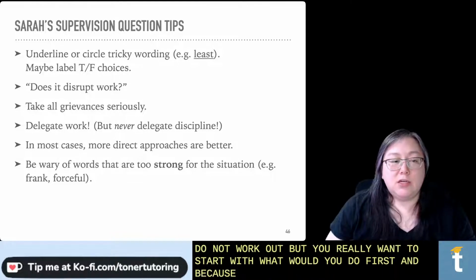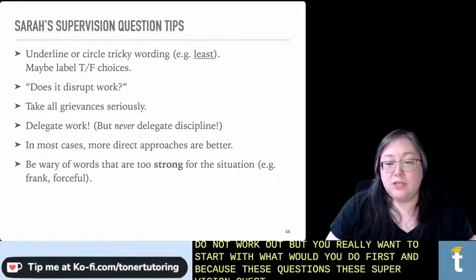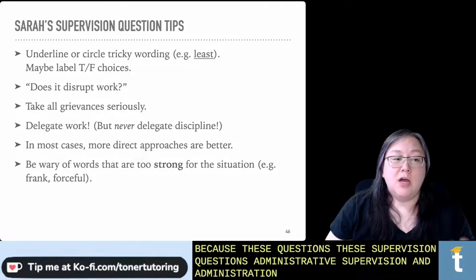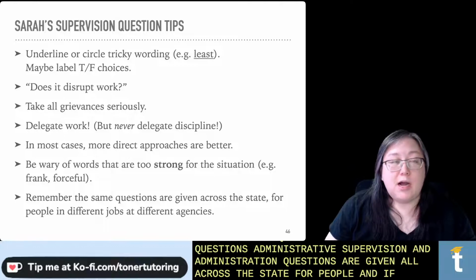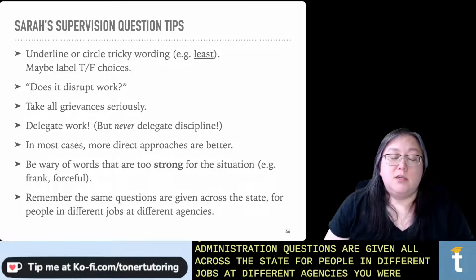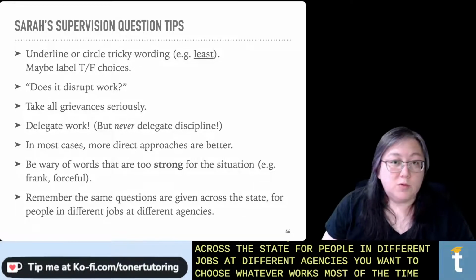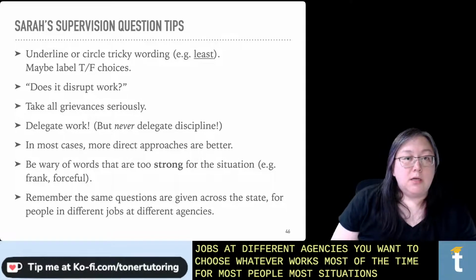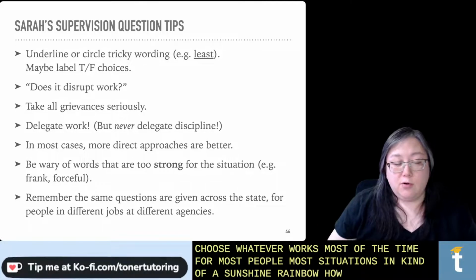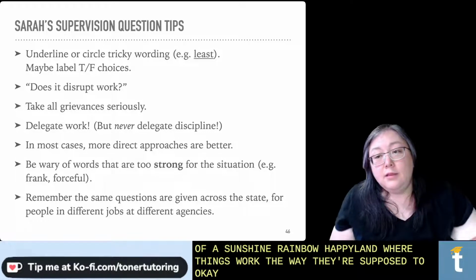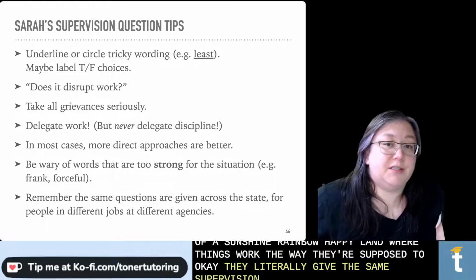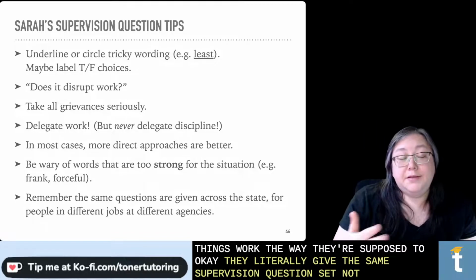And because these supervision questions, administrative supervision and administration questions, are given all across the state for people in different jobs at different agencies, you want to choose whatever works most of the time for most people, in most situations, in kind of a sunshine, rainbow, happy land where things work the way they're supposed to. Okay? They literally give the same supervision question set, not exactly the same questions.